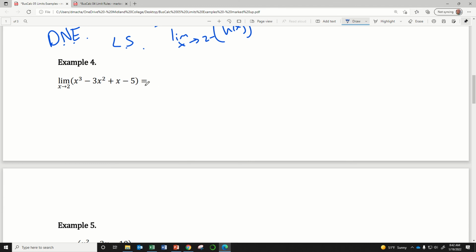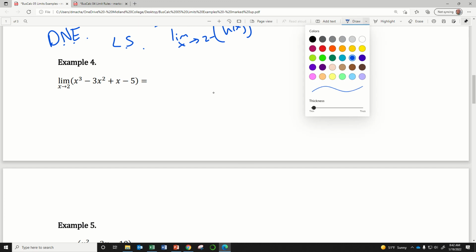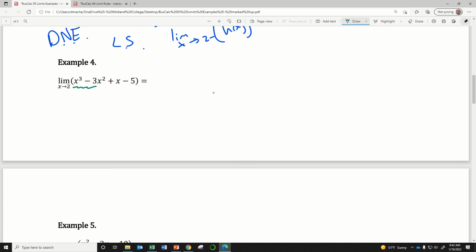Example 4 here is asking for the limit as x approaches 2 of x cubed minus 3x squared plus x minus 5. And hopefully you guys recognize this as being a polynomial.